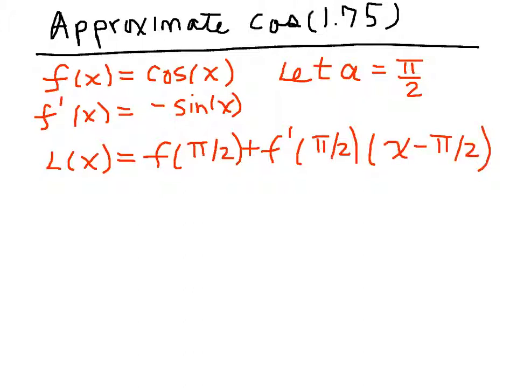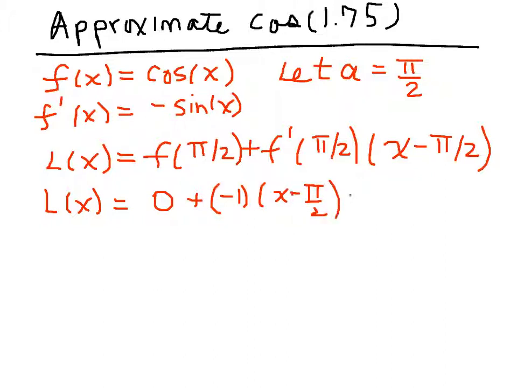Now notice that f(pi/2) is cos of pi over 2, which is 0, and f prime of pi over 2 is minus sine of pi over 2, which is minus 1. So therefore, L(x) can simply be written as 0 plus minus 1 times (x minus pi over 2), which simplifies to just pi over 2 minus x.